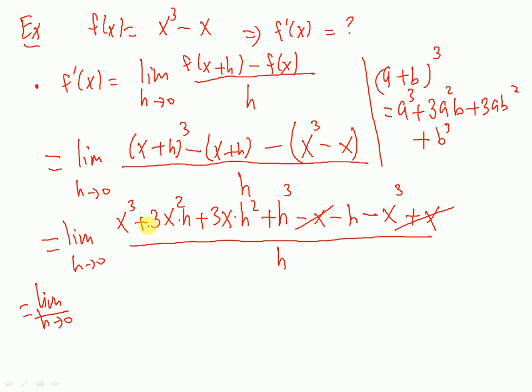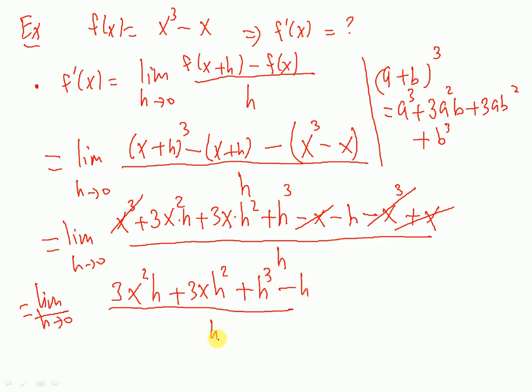Okay, so x to the third power minus x to the third power, subtract them, it's gone. So we have 3x squared h plus 3x h squared plus h cubed minus h, over h.